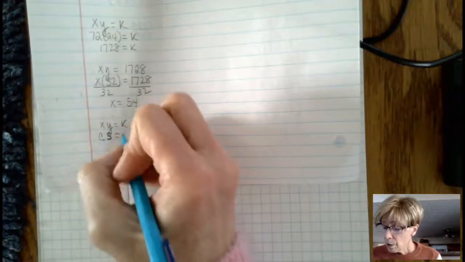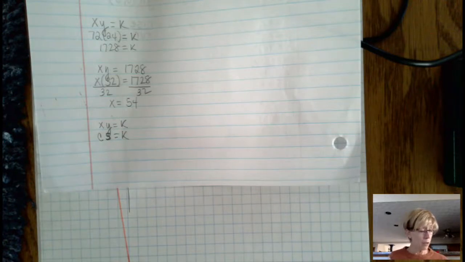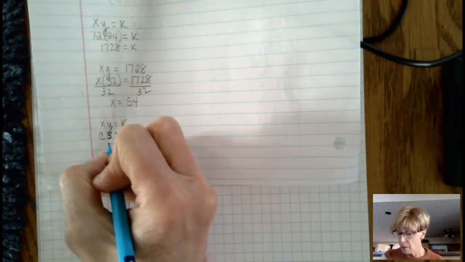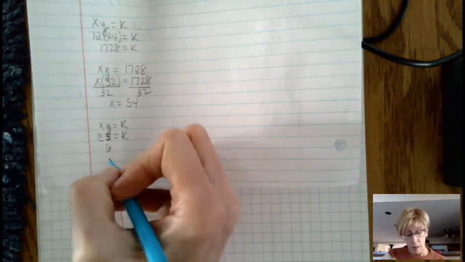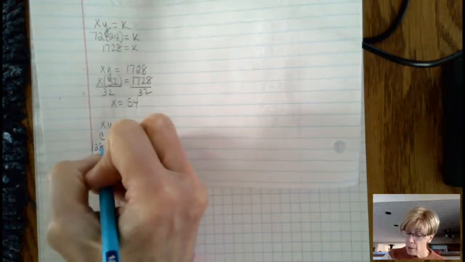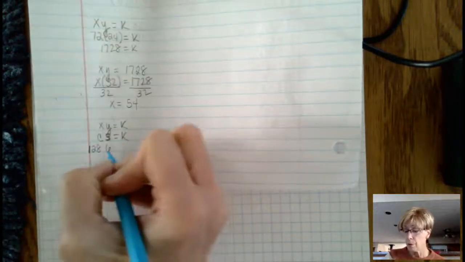And now we're going to use that because what we want to do is write an equation. So we've got C S equals 768. But if we take a look back at the problem, it says write an equation that can be used to find the number of cups.